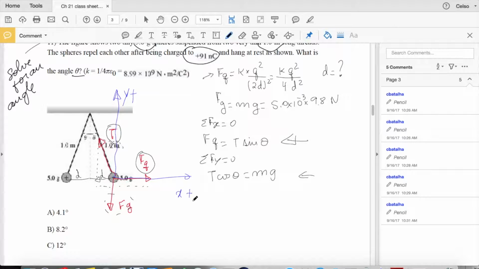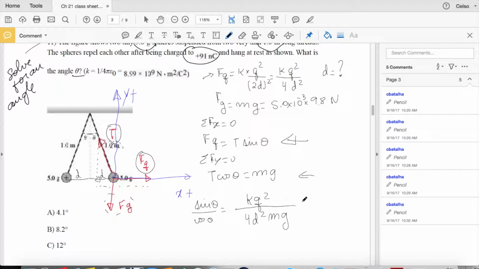If you do that, T divided by T cancels out. We have sine theta over cosine theta equal to T sine theta, which is FQ, which is k q squared divided by 4d squared, divided by T cosine theta, which is mg.